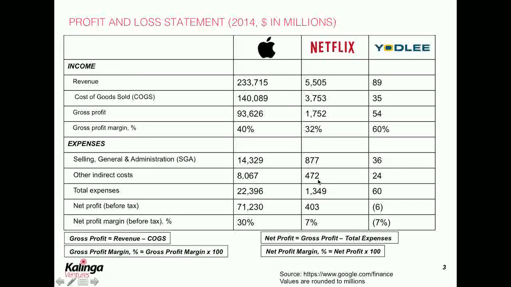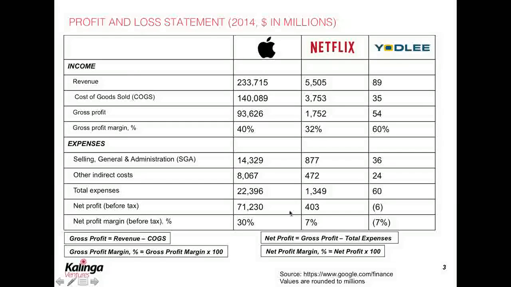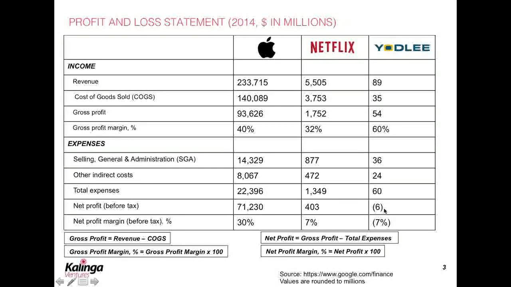And similarly you can do it for Netflix and you can do it for Yodlee. Net profit is your gross profit minus total expenses, so it is $71 billion for Apple, $403 million for Netflix, and in case of Yodlee, they are actually making a loss.